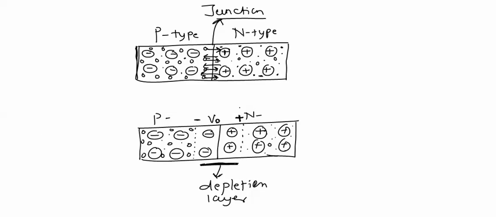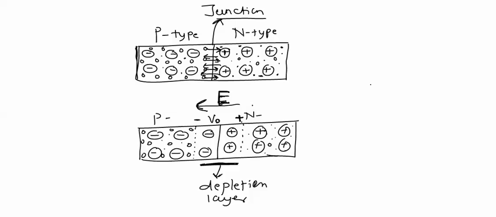Due to this potential difference, an electric field will be induced across the depletion layer, which directs from positive to negative, that is, from the N side to the P side.